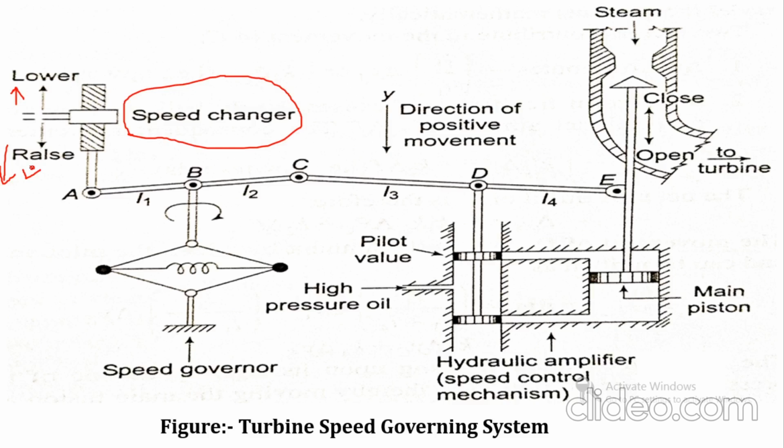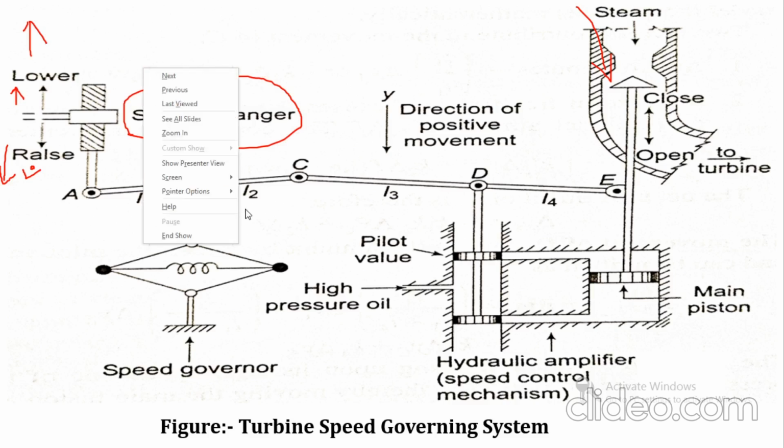If we shift the speed changer in the downward direction, then more steam will be admitted to the turbine, and hence speed will increase and frequency will rise. The reverse will happen when we move the speed changer in the upward direction. So this is the basic working of the speed changer.